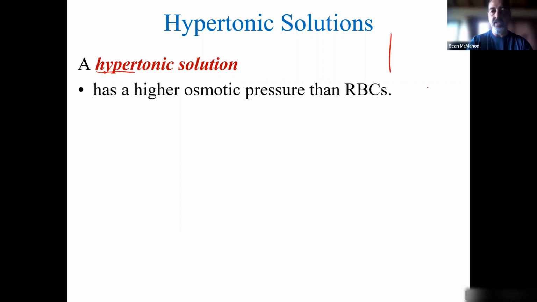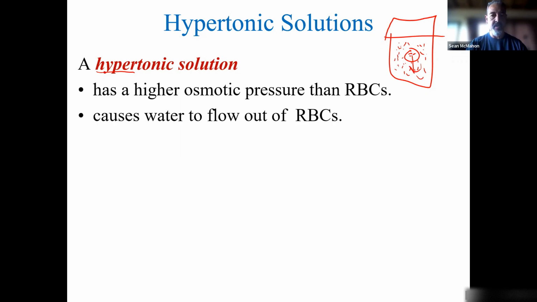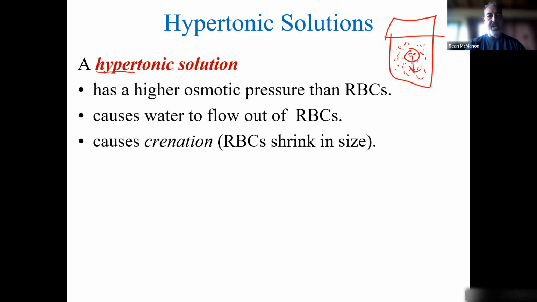So if I have a red blood cell with a certain concentration, and I put it in a solution that's far more concentrated, now through the semi-permeable membrane of the red blood cell, the water is going to want to rush out to dissolve that really concentrated solution. As the water flows out, you're going to cause a shrinking in size, which is referred to as crenation, and that's not good either.